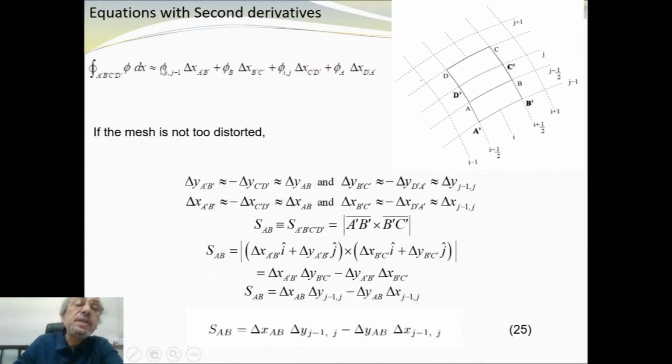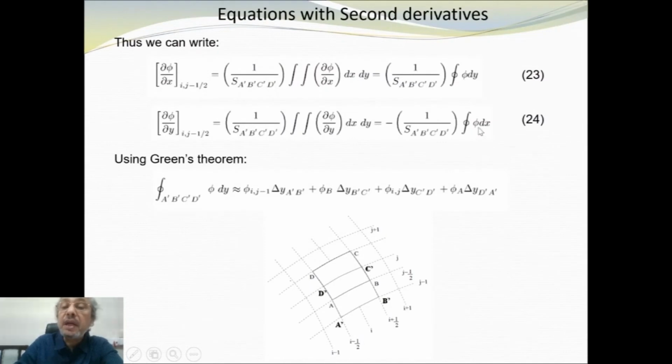So we can clearly see that phi at ij minus 1 into delta x, that is the horizontal distance between a prime and b prime, delta x a prime b prime, phi at b, then delta x b prime c prime, then phi ij delta x c prime d prime, and phi a into delta x d prime a prime. So then again this 24 integral phi dx we have found out.